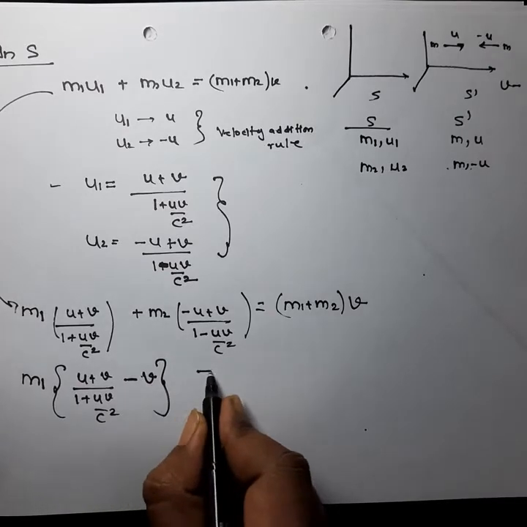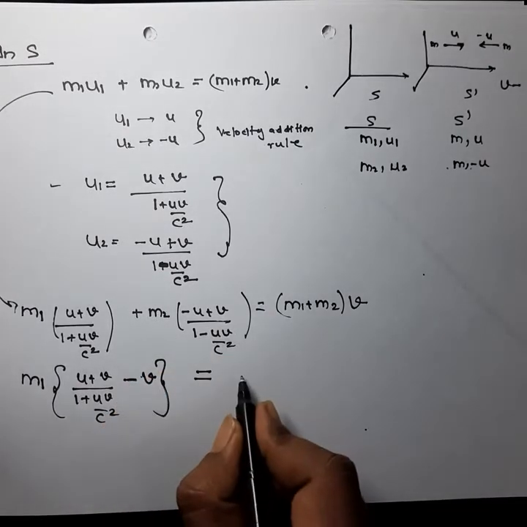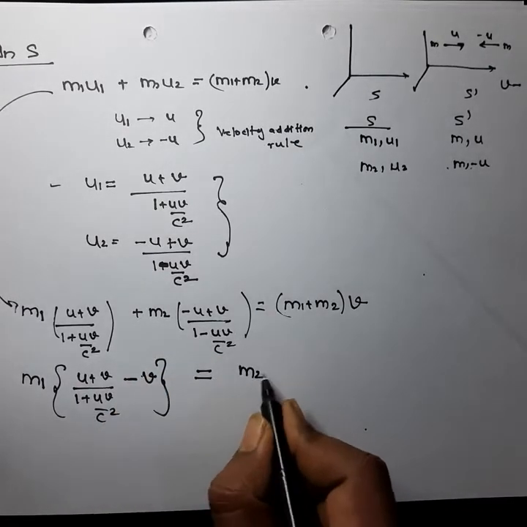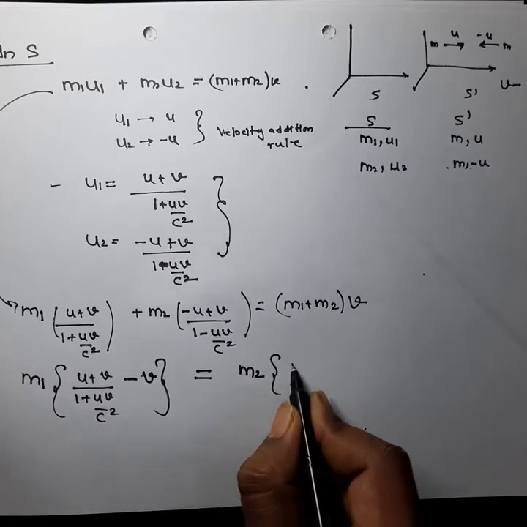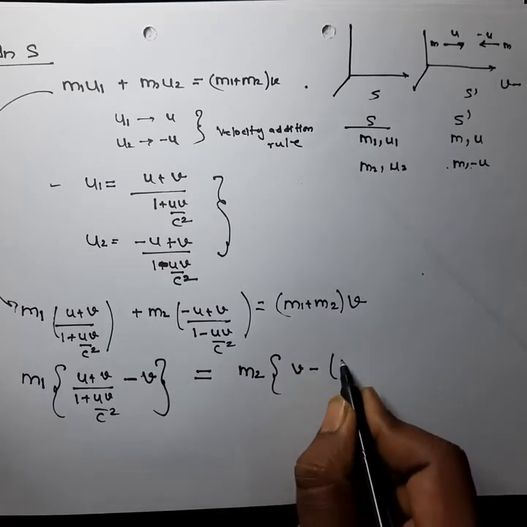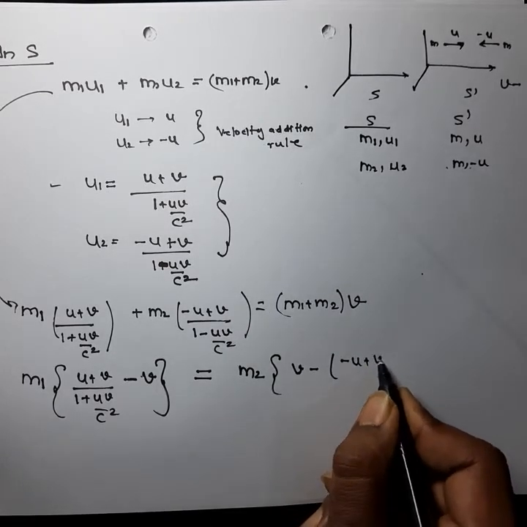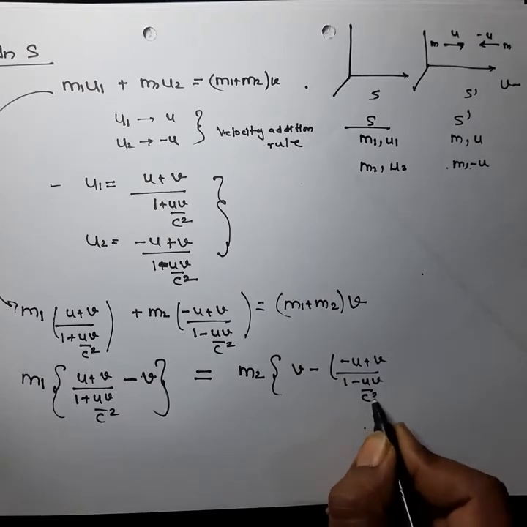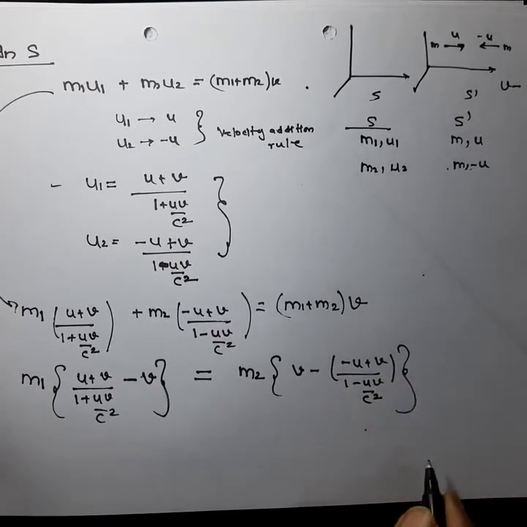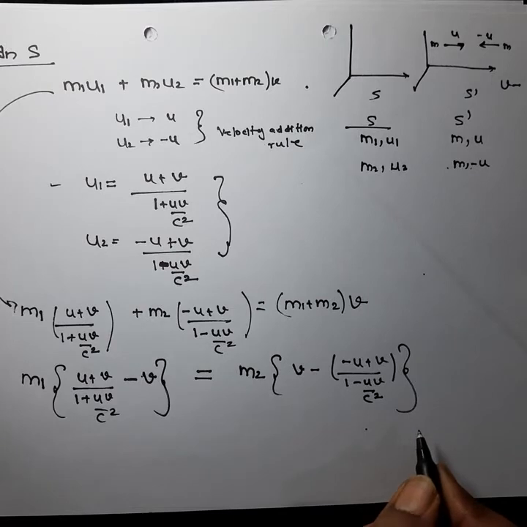Similarly on the other side I can write m2 in bracket, v minus u plus v divided by 1 minus uv by c square. Okay, there should not be any confusion so far.